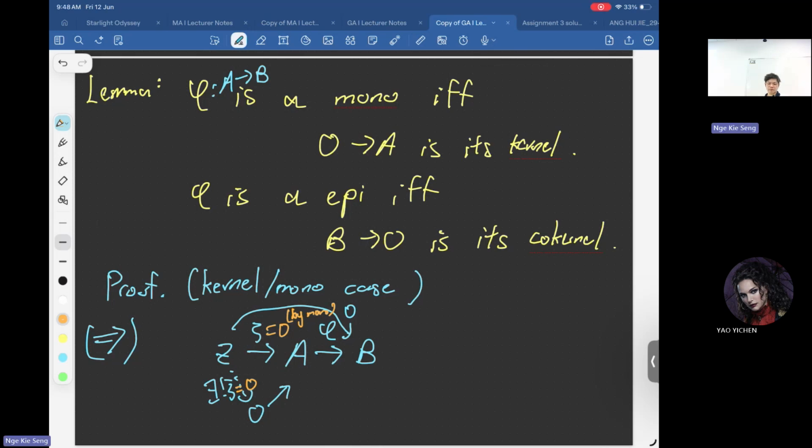So it factors through a map from 0 to A, through this 0 object.